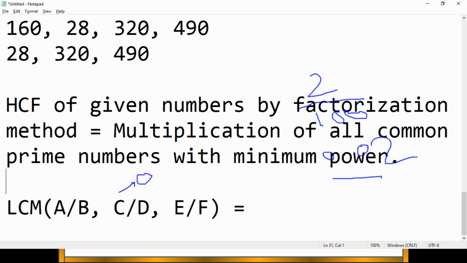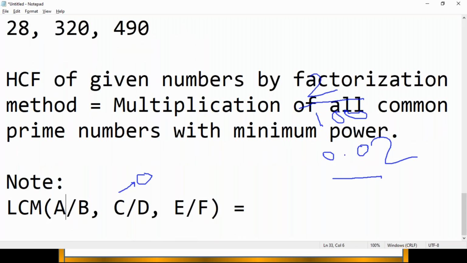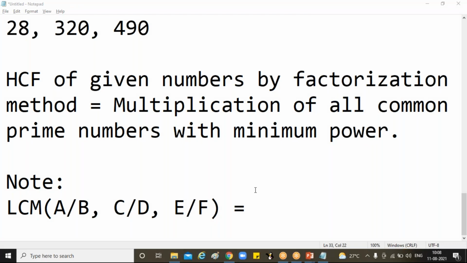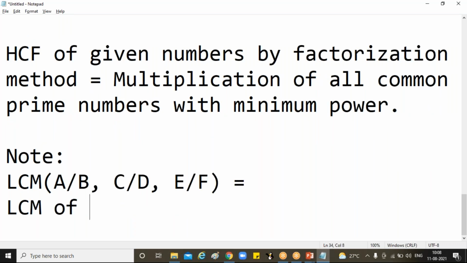Write down. Note. There are nearly 10 key points in LCM and GCD. Remember those 10 key points. LCM of A by B, C by D, E by F is equal to the LCM of the numerators by the GCD of the denominators. Nothing but the LCM of A, C, E by the GCD of B, D, F. That may be 2 fractions, 3 fractions, 4 fractions or 10 fractions.